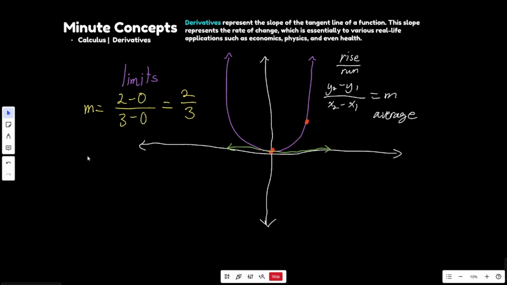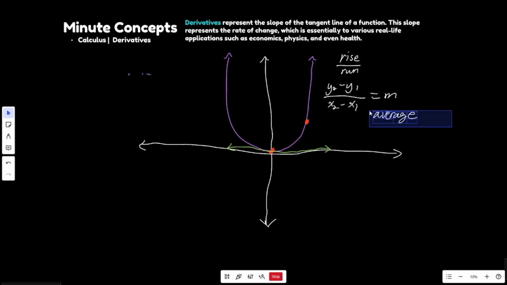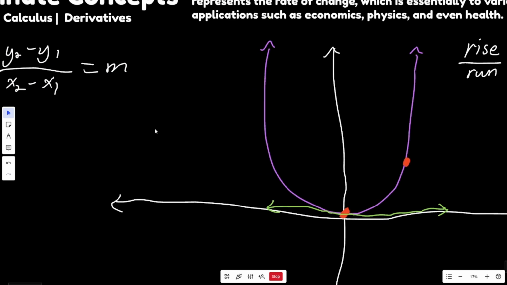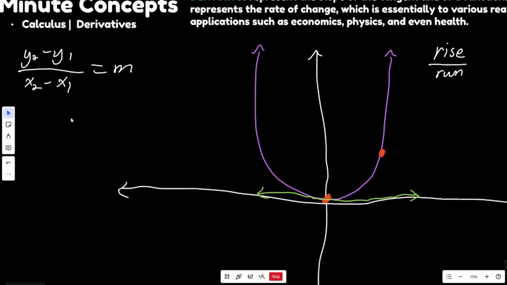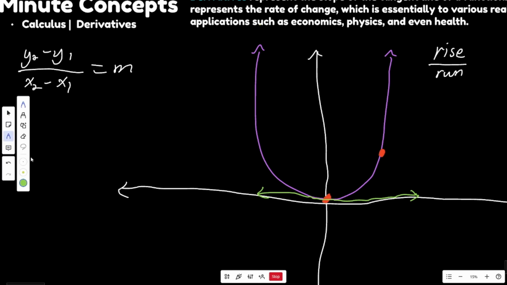So the limit definition of derivatives can be derived from y sub 2 minus y sub 1 over x sub 2 minus x sub 1 equals m. So let's use this and put it over here. Alright. So we know that we want to have information on the slope at a certain point.